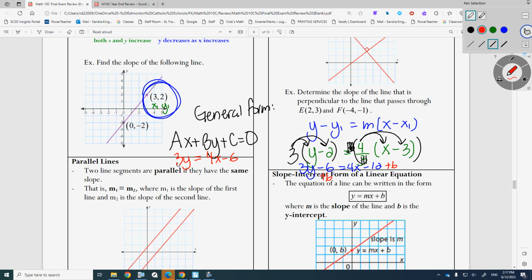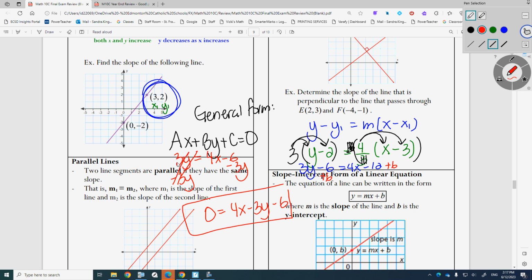Jesse, what would you do? Yes, that's right. So let's move that 3y. Let's subtract 3y, subtract 3y. In general form, the equation would be 0 is equal to 4x minus 3y minus 6.